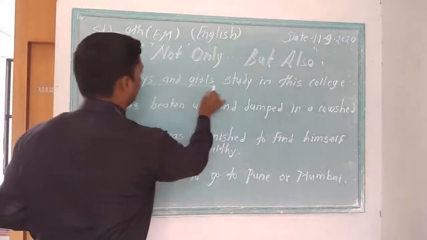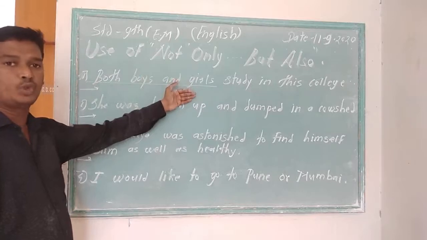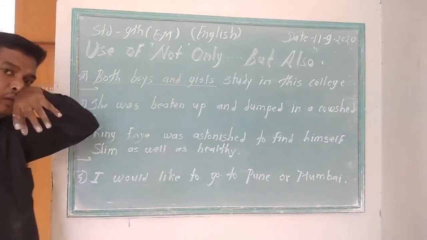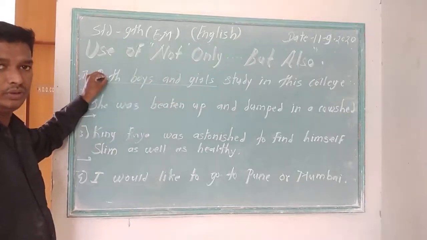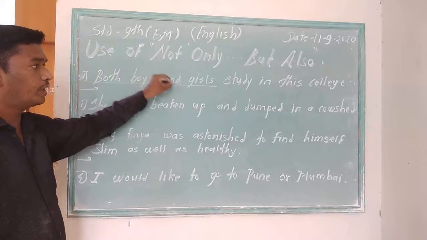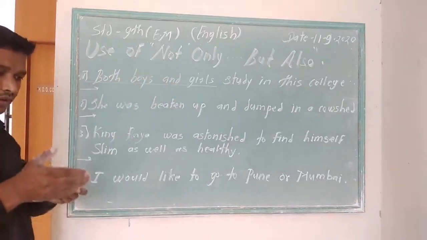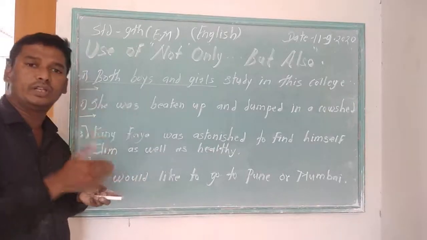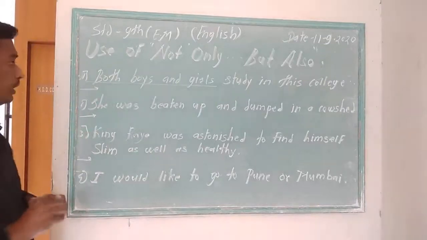Boys and girls have been joined with and, and before the two things there is a word both. We have to join these two words with not only but also, and we have to remove both. If before two words there would be the word both, then we have to remove it while joining with not only but also.